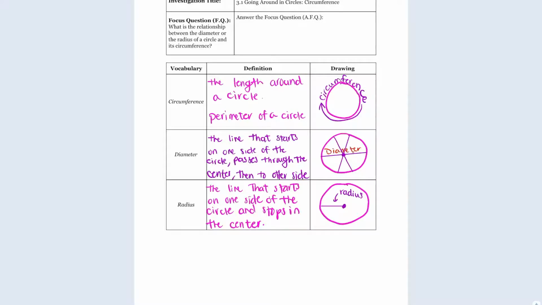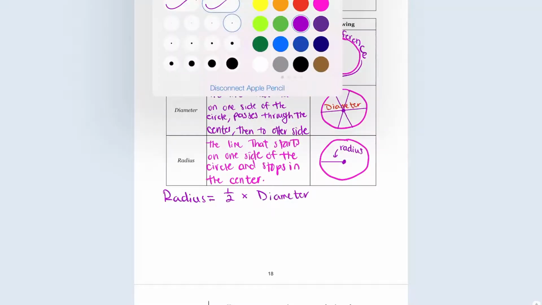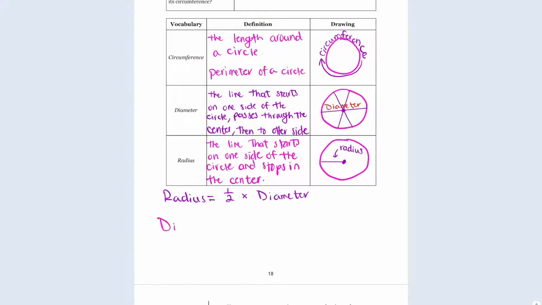Okay, and there's a special relationship between the diameter and the radius of a circle. Most of you are probably saying, oh yes, the radius is just half of the diameter. If you said that, you are exactly right. So I'm going to write an equation for it. The radius is 1/2 of the diameter. And I'm sure you could write another one for the diameter.